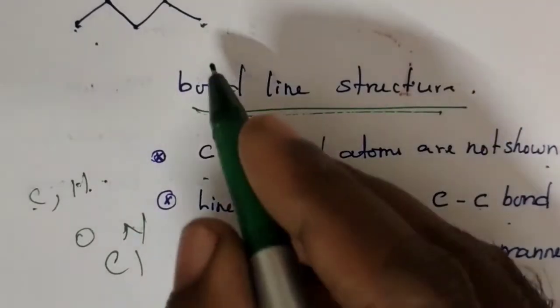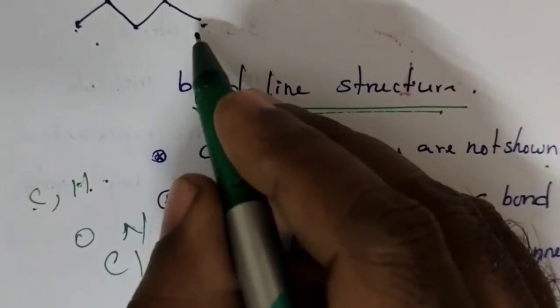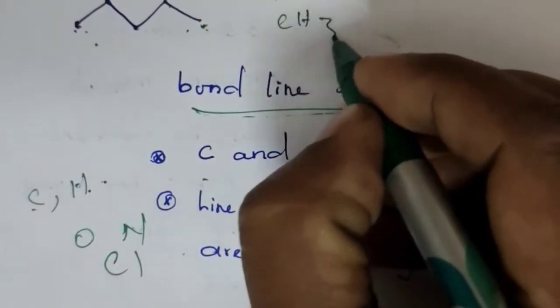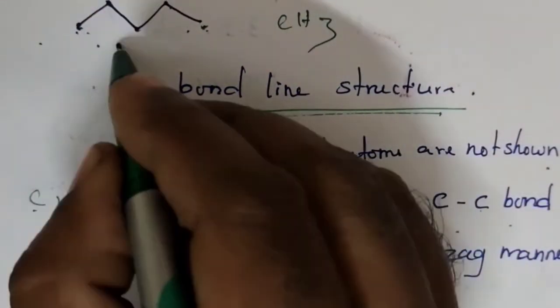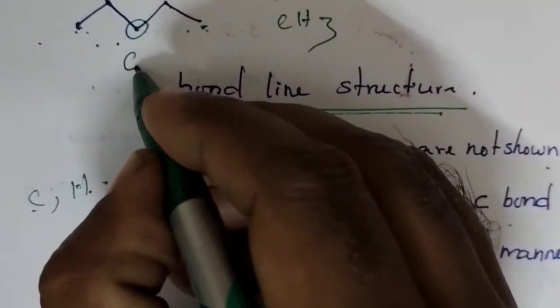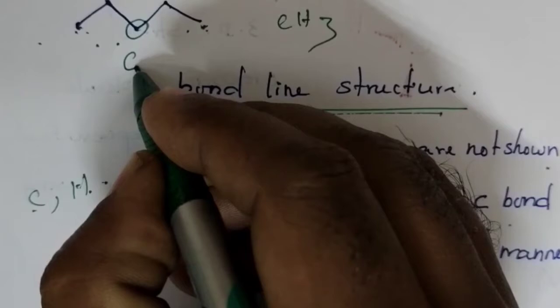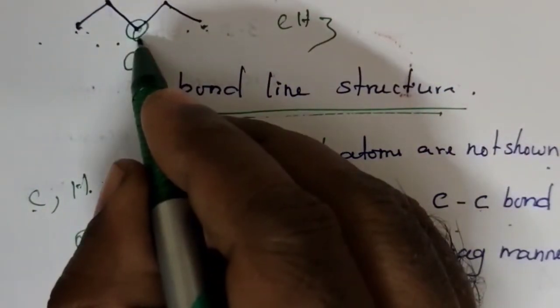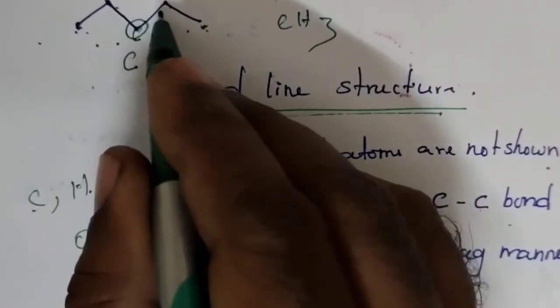So in the bond line structure, we have to note that the terminals indicate the CH3 group. Like that, the corner point indicates carbon with a sufficient number of hydrogens. That means here carbon is present. This carbon has 2 bonds.